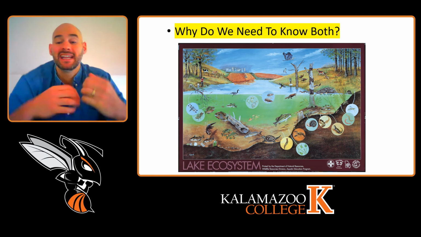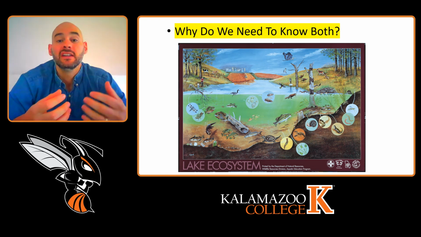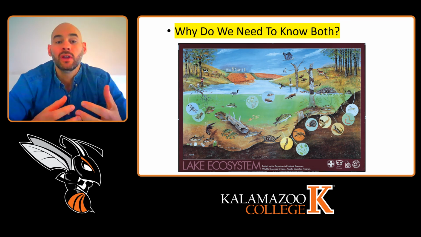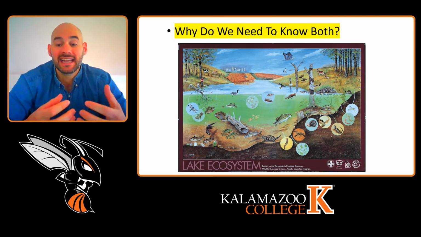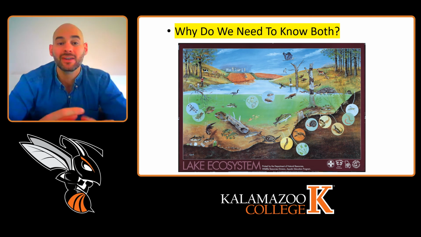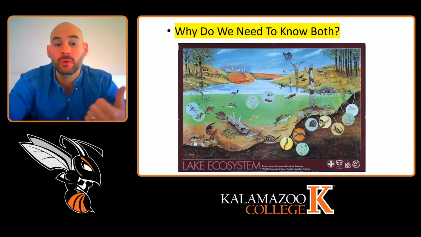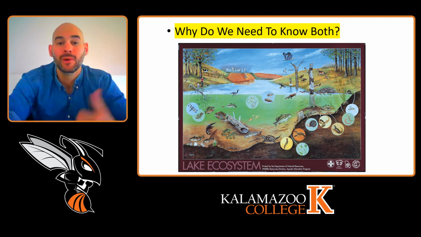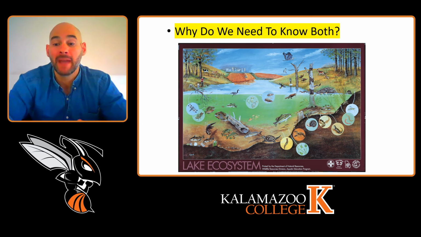And so to understand those goals, to understand how we could achieve those goals, we need to understand the individual relationships within that ecosystem. We need to understand the food web. Does having too many catfish impact the amount of bass that we have, for example?